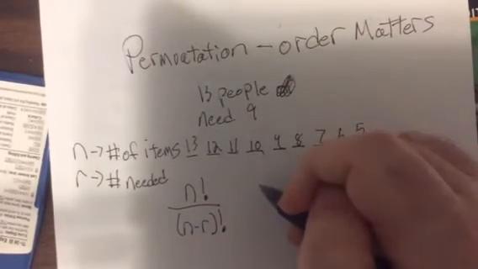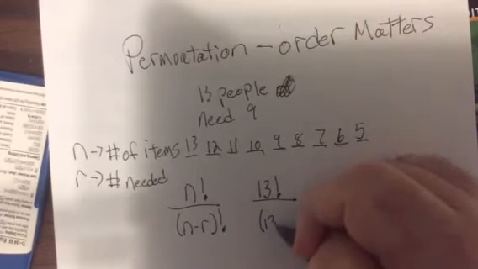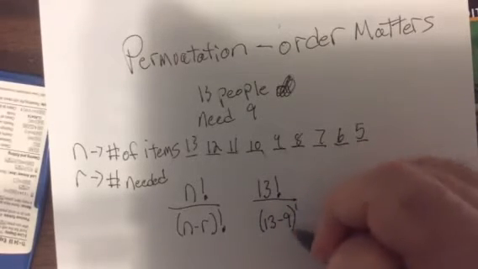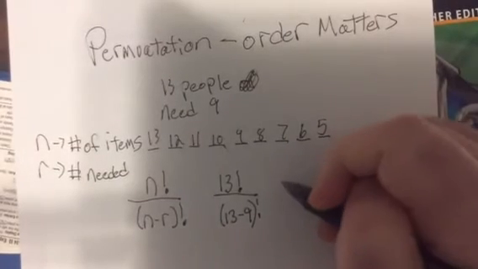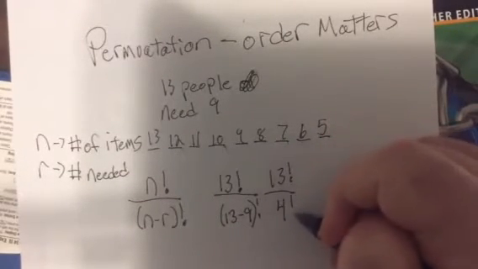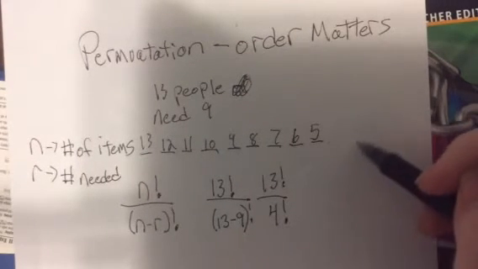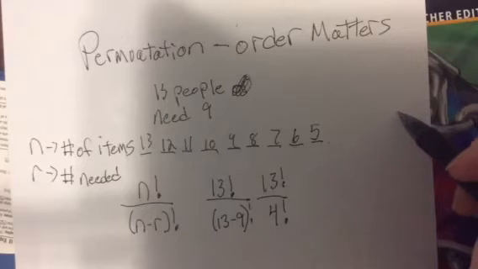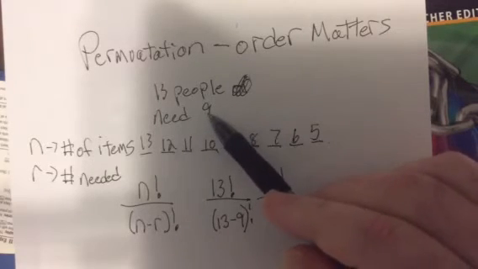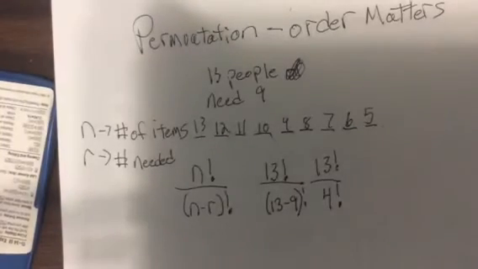So in this case, you would go 13 factorial over 13 minus 9 factorial, which is 13 factorial divided by 4 factorial. Notice what's happening. The last 4, which we don't have, because we don't need, you only need 9, all that's gone, that repetition.